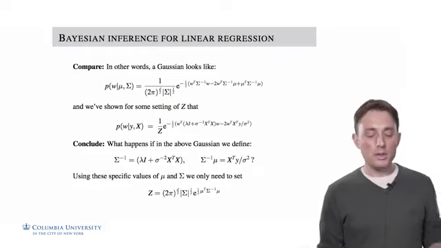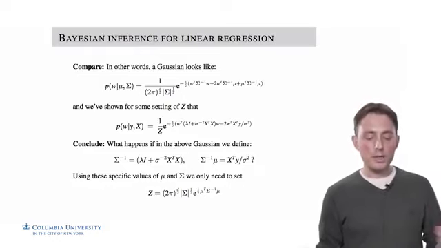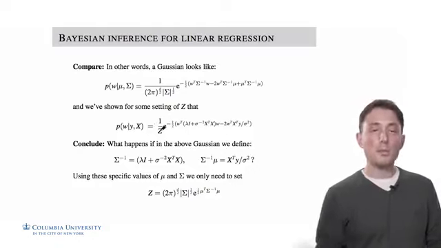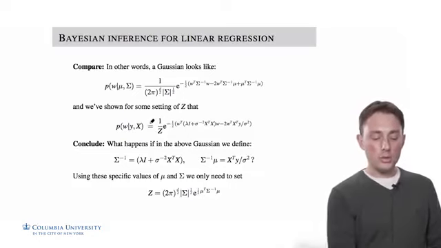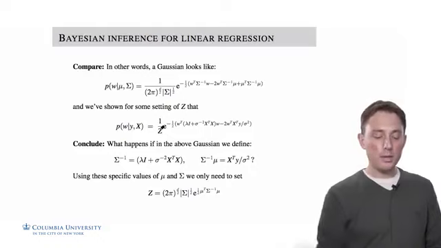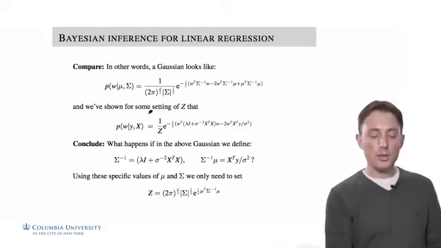In other words, let's compare a Gaussian distribution with what we have. Here's what we have so far. We want to divide this term by some number z in order to have a probability distribution, so we want to find the value z such that this function integrates to 1.